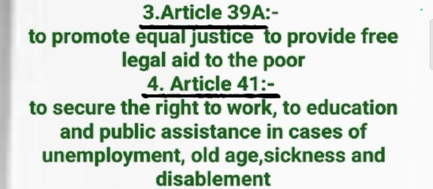And next one is public assistance in cases of unemployment. If any person is suffering from unemployment, that particular person can take public assistance, like some amount will be given by the government due to their unemployment for their livelihood and for the standard of living also. And old age people also are receiving pensions.